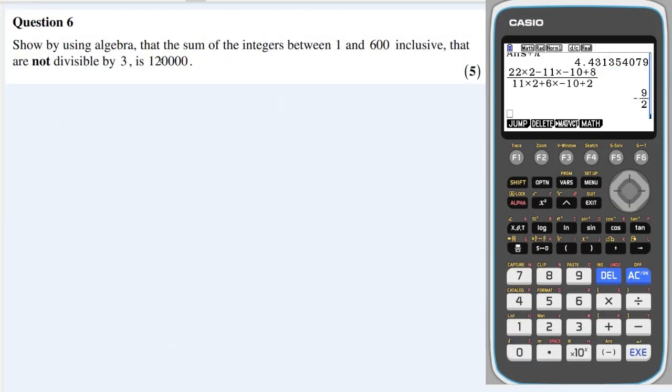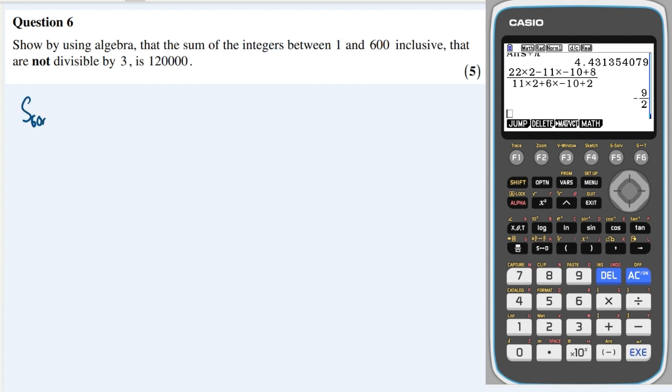Okay, show by using algebra that the sum of the integers between 1 and 600 inclusive that are not divisible by 3 is 120,000. Okay, so what we can do is first work out the sum of all of them.